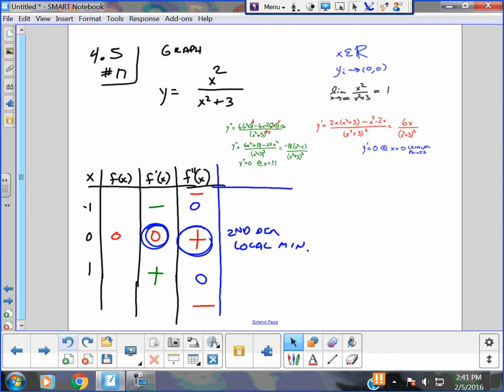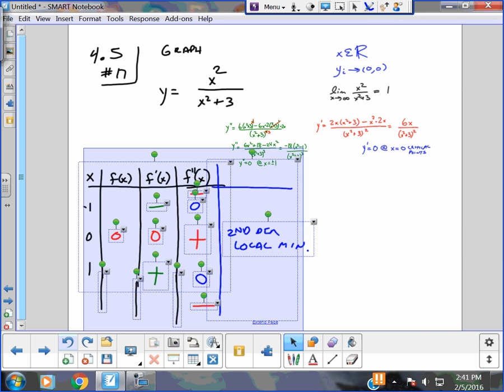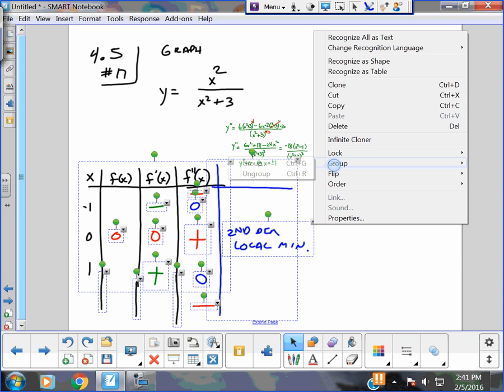Likewise, I could probably prove it that the first derivative goes from negative to positive. Negative to positive also proves it's a local min. All right, I have enough now to do the graph. I'll box all that up. I have enough to do the graph.